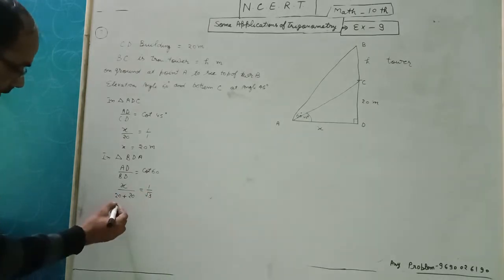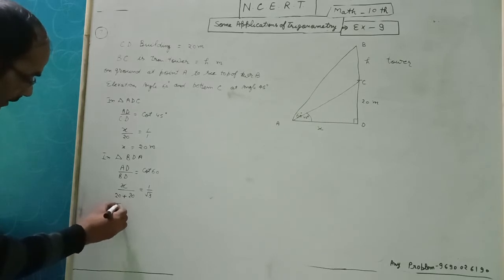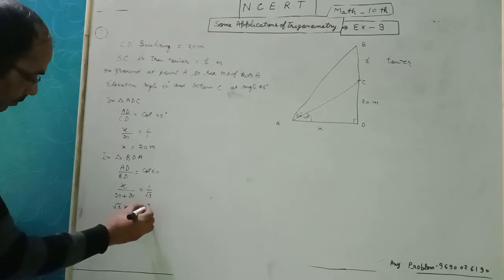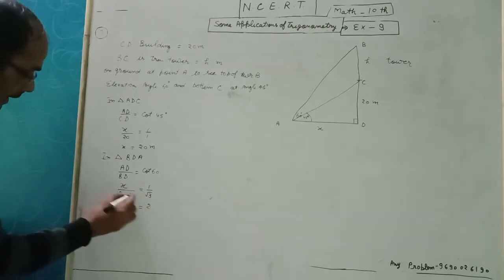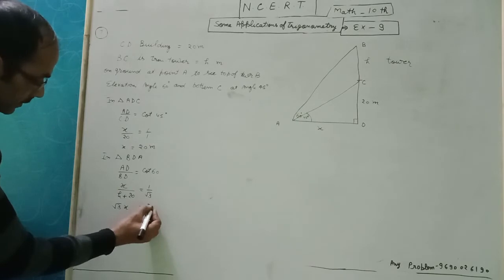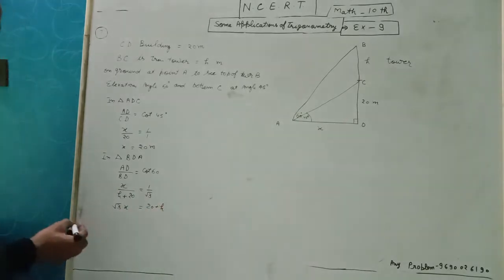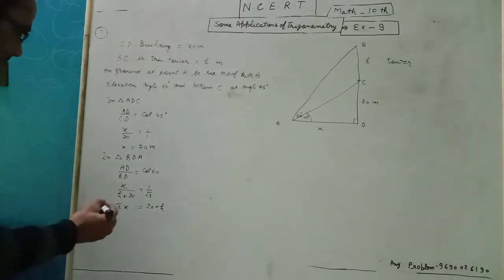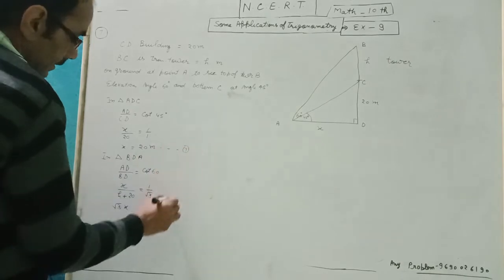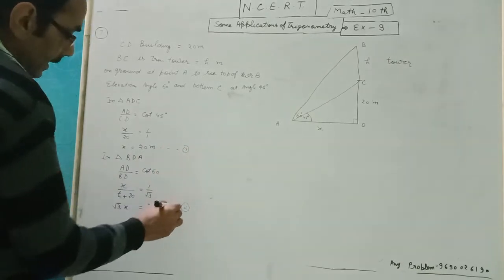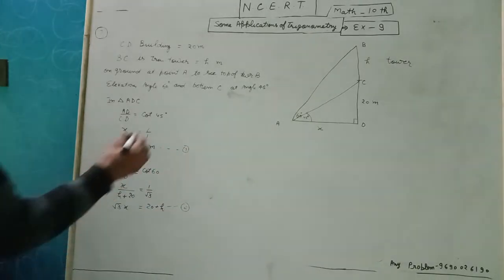After cross multiply, under root 3 X is equal to H plus 20. That is equation first and that is equation second.